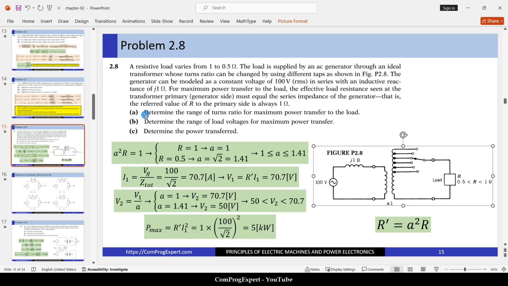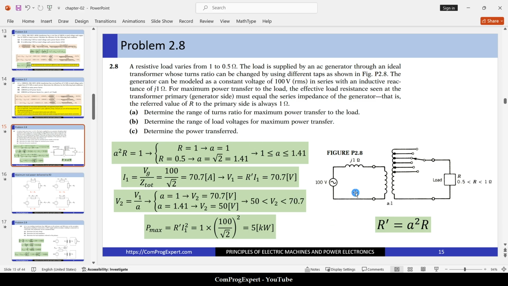So A. Determine the range of turns ratio for maximum power transfer to the load. B. Determine the range of load voltage for maximum power transfer. C. Determine the value of the power transferred.